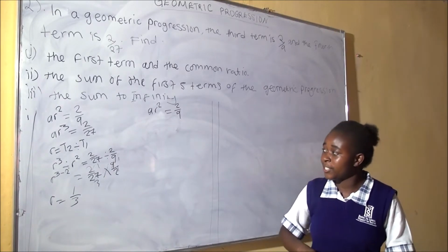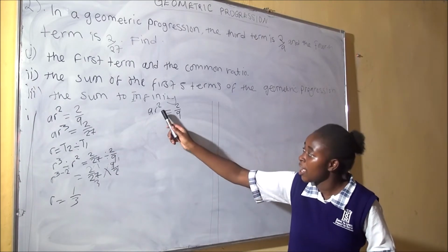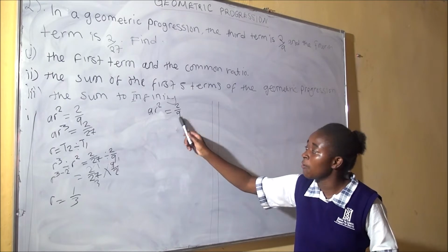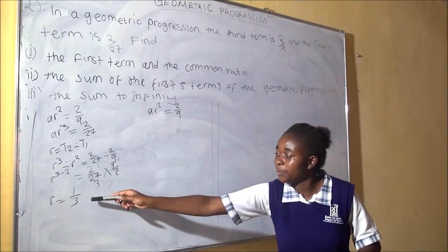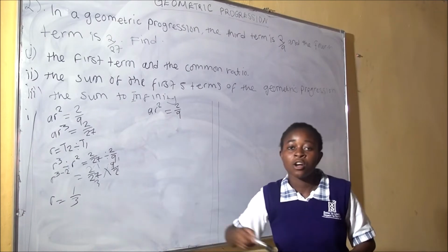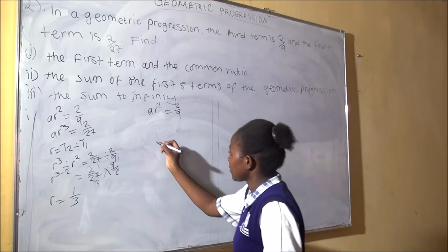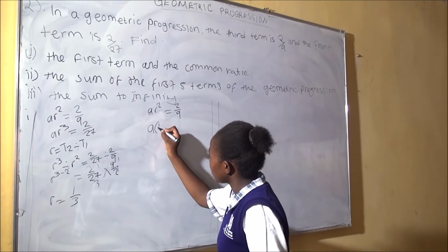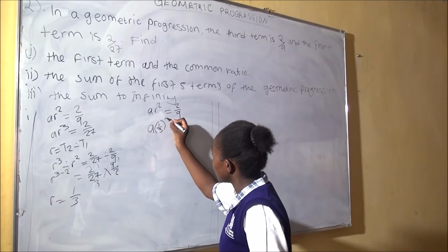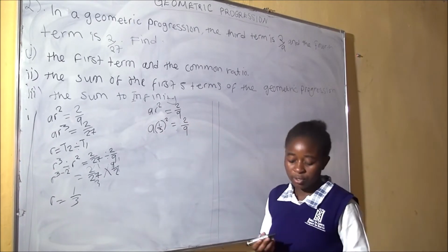I'll choose the first equation, which is a r to the power 2 equals 2 over 9. Since I have my common ratio, I'll replace this r with the common ratio. So I will write my equation: a times 1 over 3 to the power 2 equals 2 over 9.